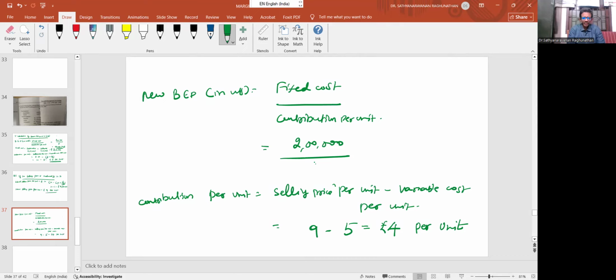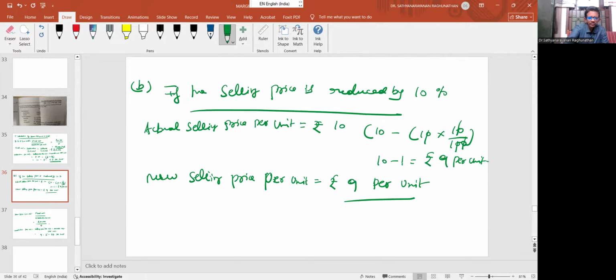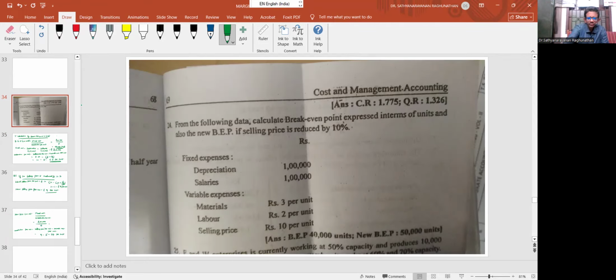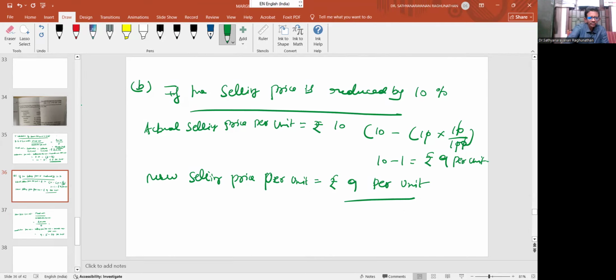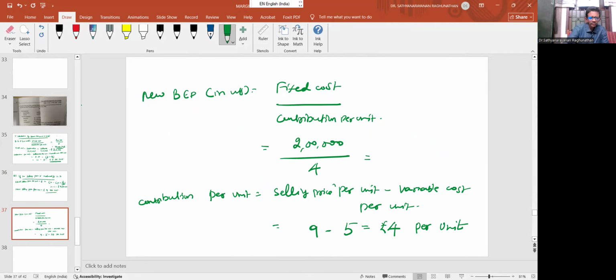Substitute here. Okay, how much? 2 lakhs by 4, 50,000 units. New break-even point in units is 50,000 units.